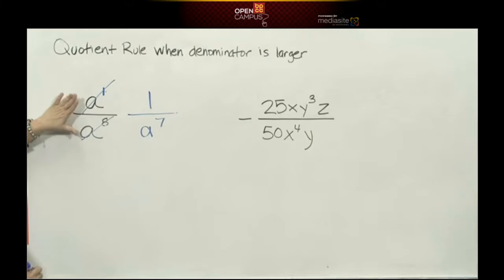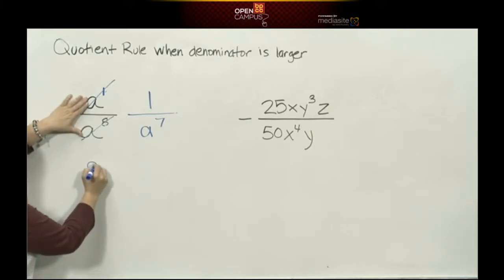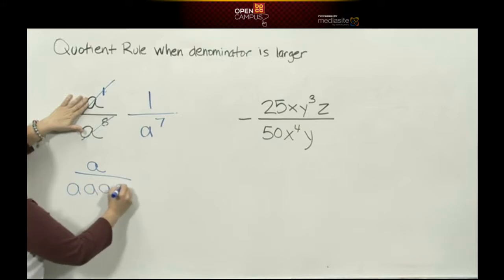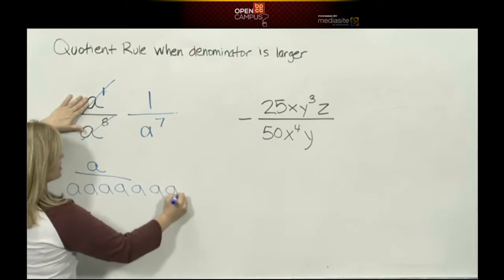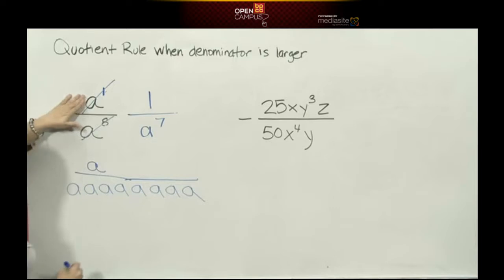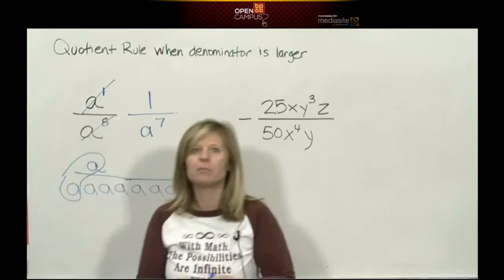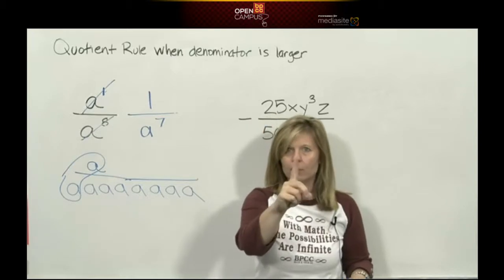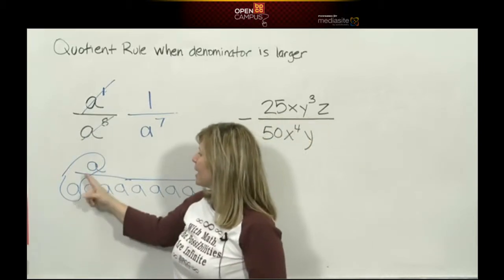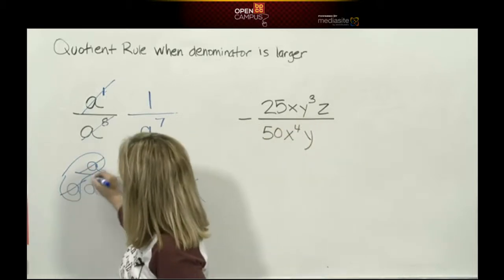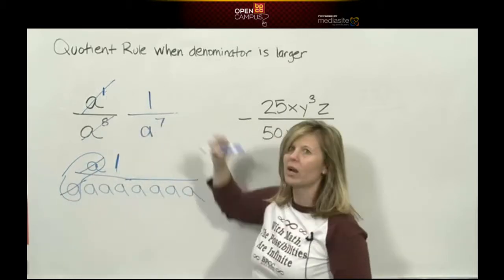If I wrote this out the long way, there's 1A in the numerator, and there's 1, 2, 3, 4, 5, 6, 7, 8 A's in the denominator. We know from arithmetic, dividing the same number gets us a 1. So when we divide the same letter in algebra, our quotient is 1. So when I divide A by A, it gives me a 1. That's why we're putting a 1 in the numerator.